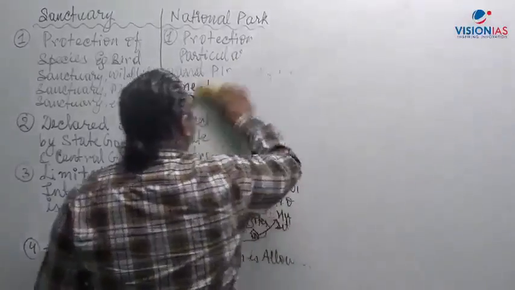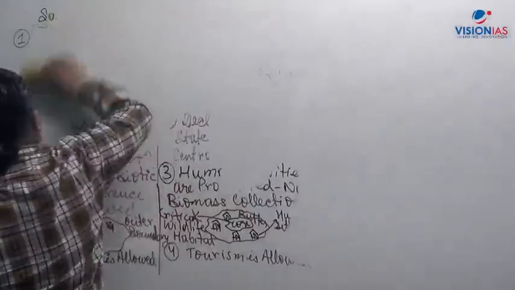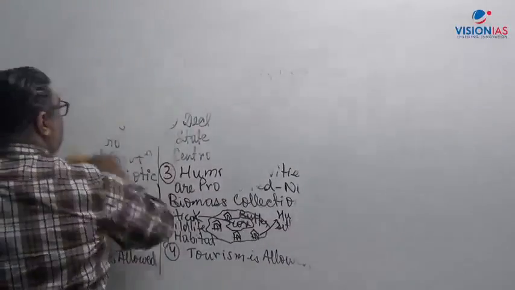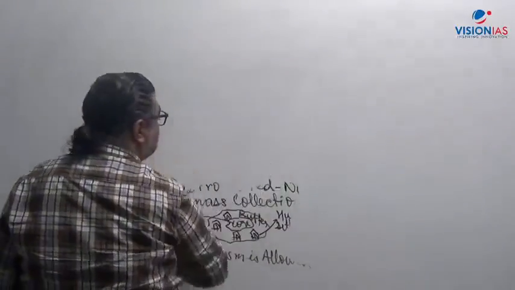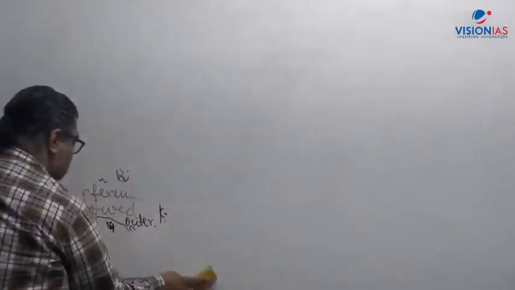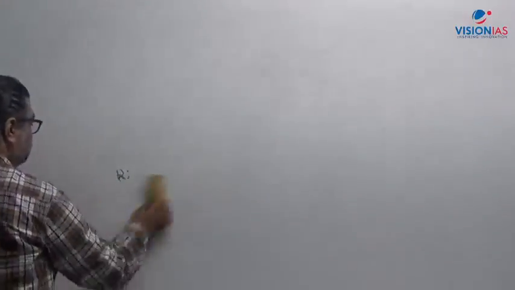Now let's come to another very important concept, that is called ESZ, eco-sensitive zone. Let us understand this very important concept called ESZ.